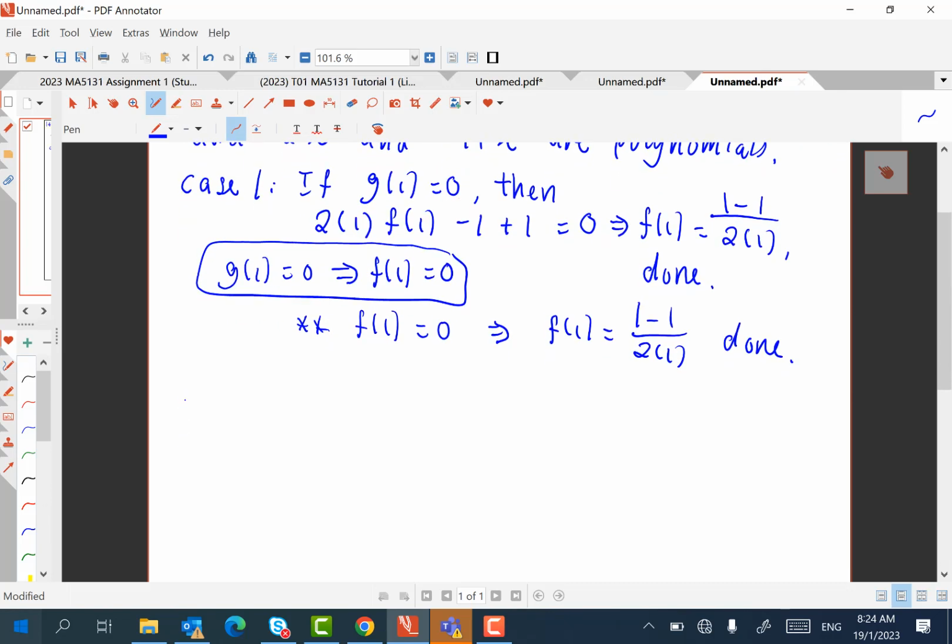Okay. Case 2, g1 is not 0. Then we want to calculate firstly g0.